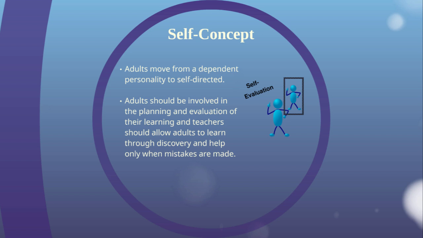Therefore, adults need to be involved in the planning and the evaluation of their learning, and teachers, when trying to come up with ways for their adult students to learn, should think about activities that involve discoveries, and even mistakes can help adults to learn.